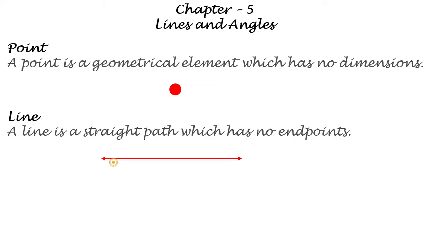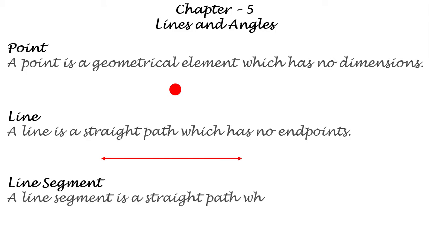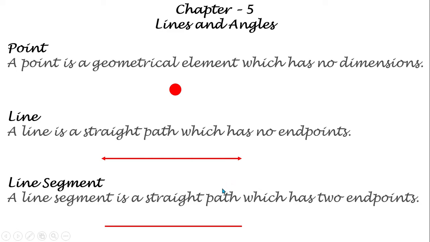Now next is line segment. A line segment is a straight path which has two endpoints. How many endpoints? Two. So if we compare the line segment with the line, the line contains two arrows which show that it can be extended indefinitely on both the sides.